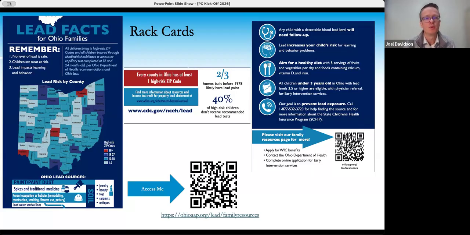This reminds patients that there's no level of lead that is safe, that children are the people that we care about the most, and that it impacts learning and behavior. And then at the bottom, we talk about paint and paint dust. Additional sources include spices and traditional medicines. Certain occupations like construction, smelting, firearm use, and pottery can be high risk employment areas or high risk hobbies.